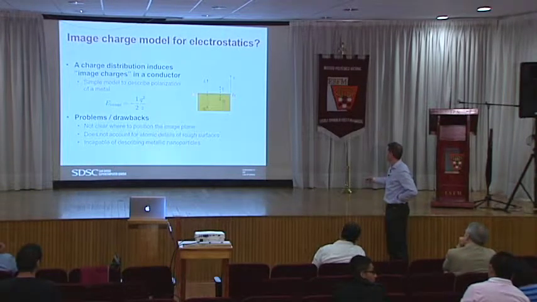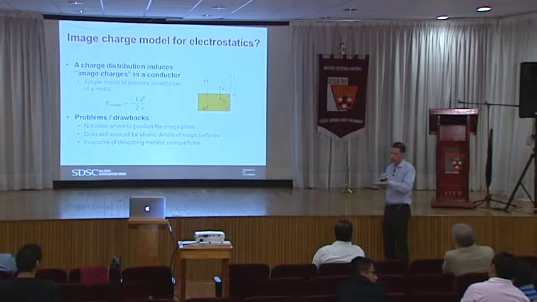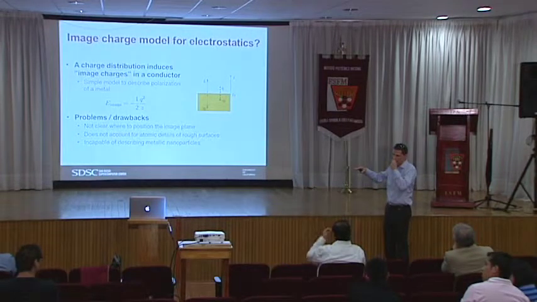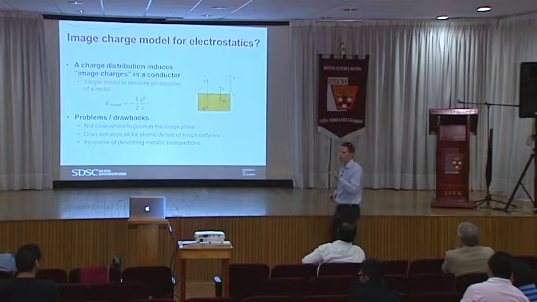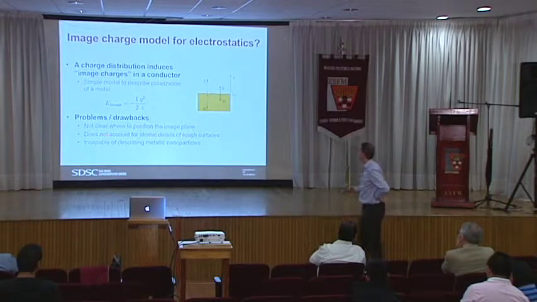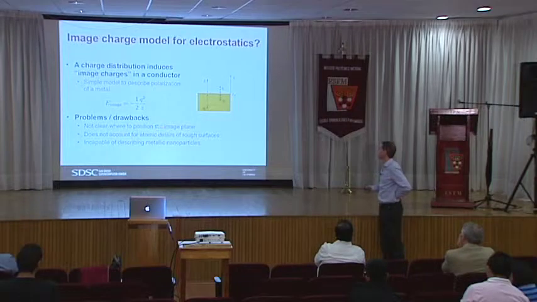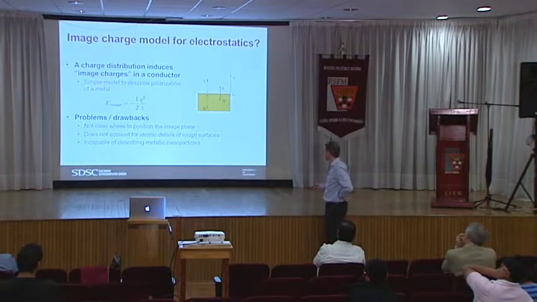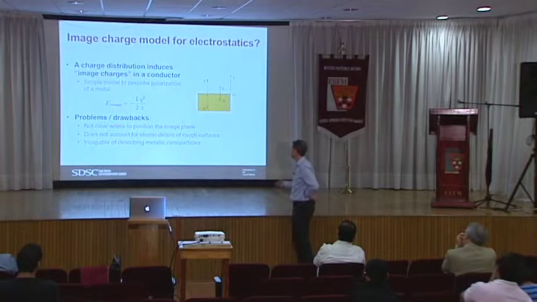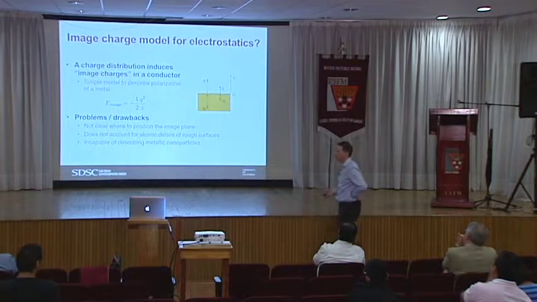So you could define a plane on top of your metal and compute this image charge explicitly if you have point charges in a classical force field, for instance. And the problem here is that it's not clear where to put the position of the image plane in such a calculation. And of course, it wouldn't account for atomic details of rough surfaces, right? So for instance, if you want to go at some point to metallic nanoparticles, that wouldn't be possible.